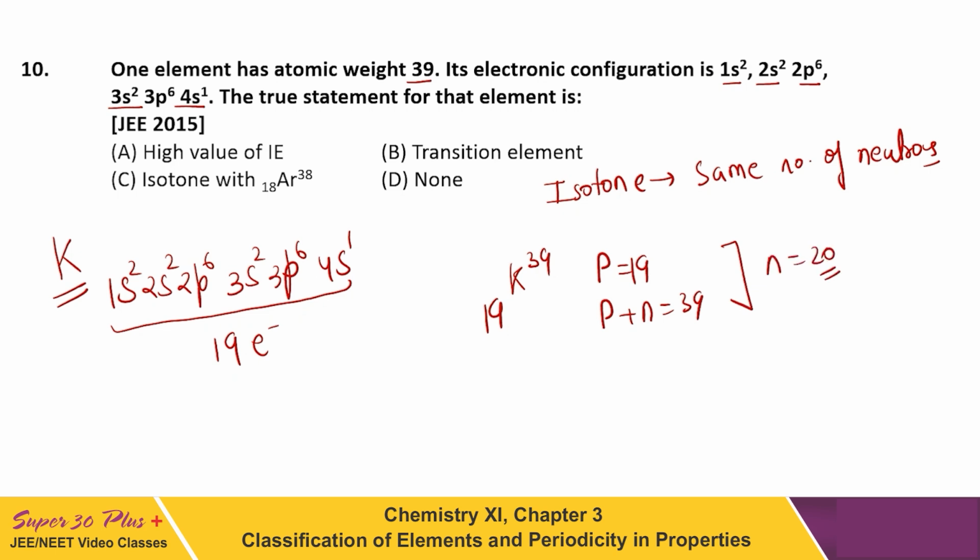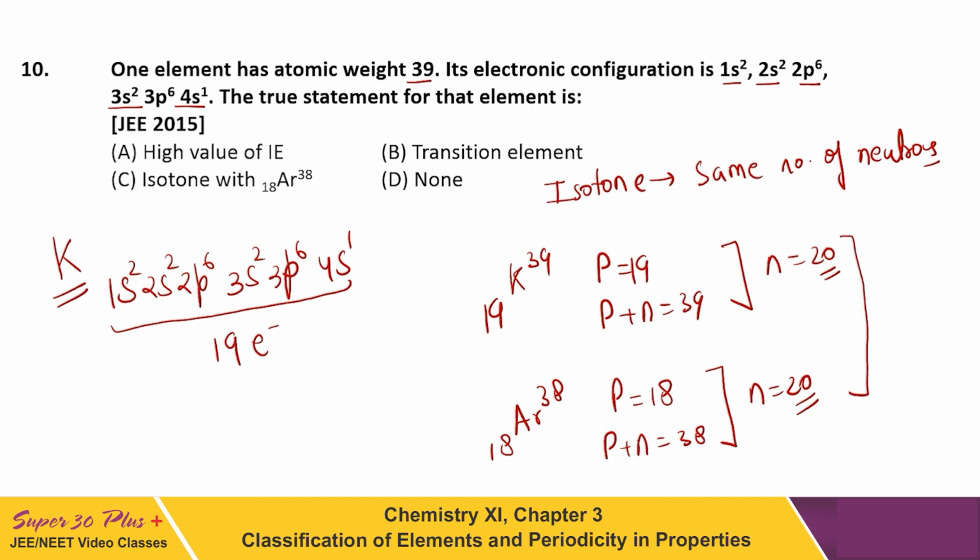But what about argon-38? Here the number of protons will be 18 and protons plus neutrons is 38. So there will again be 20 neutrons. So yes, they are isotones. They have the same number of neutrons, so they are isotones of each other. So the third answer is the right answer: they are isotones with argon-38.